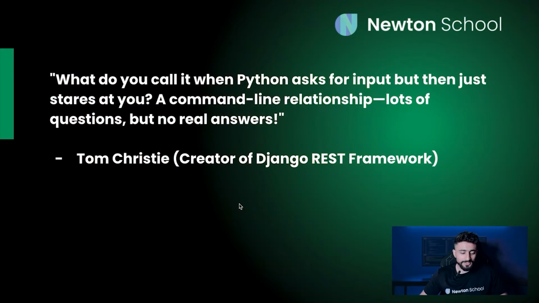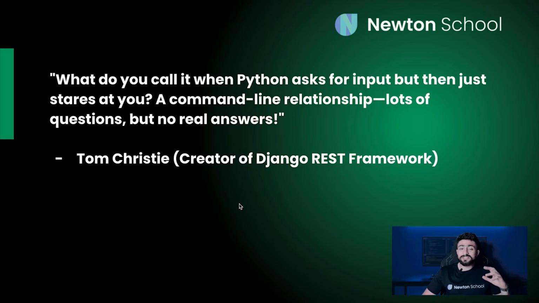So yeah, there is another funny quote from Tom Christie, who is the creator of Django REST framework, which is a Python framework, right? What do you call it when Python asks for input, but then it just stares at you because it is waiting for your input? I just explained that in most of the terminals, whenever you ask for the input in the code, you run the code, and it will wait for your input.